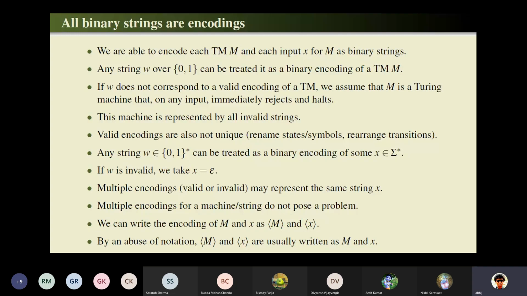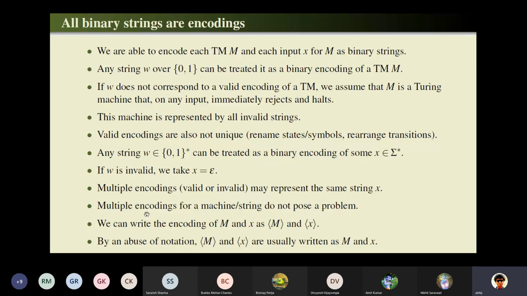No, that's what I mentioned. Epsilon also has a valid encoding. And for the strings that do not stand for any valid encoding, I make some kind of convention: I can take it as the empty string. Epsilon has many, many encodings. That's what I mentioned there, right? So multiple encodings may represent the same string.